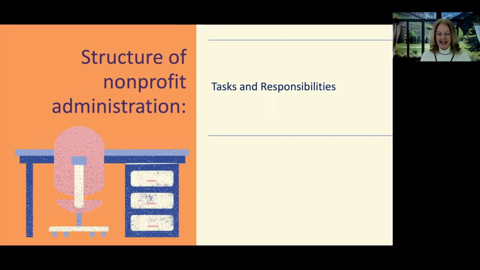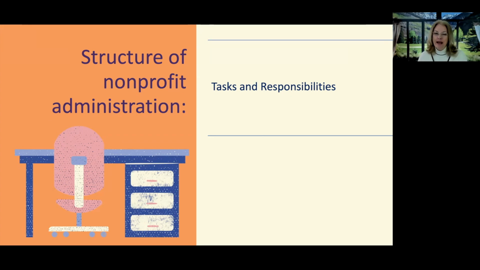So your tasks and responsibilities. Now, before I show you this chart, I don't want you to freak out and think, oh no, I can't do this, because these are all the areas that need to be covered in your nonprofit. It does not mean that you need to hire people for each of these tasks.